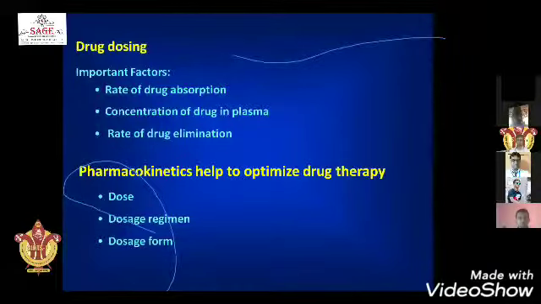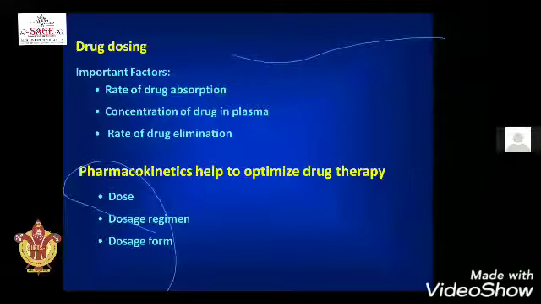That is called the dose regimen. Another is the dosage form, in which it should be administered so that you get the response of the drug, meaning a fast onset of action and long duration of action.